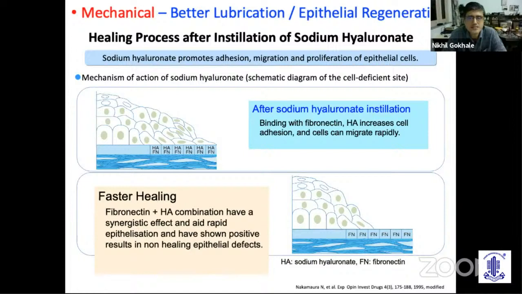And this again increases the way by which the epithelium can adhere, and then cells can migrate rapidly. In literature, it has been shown very clearly that a fibronectin with hyaluronic acid combination has a synergistic effect, and it aids rapid epithelialization. And if you use any agent by which you can block the fibronectin or the hyaluronic acid molecules, there will be a delay in the epithelial healing.